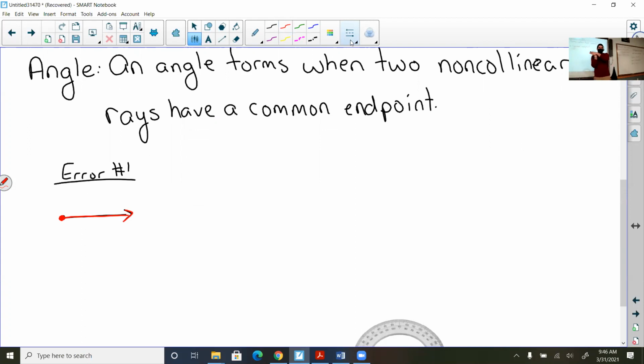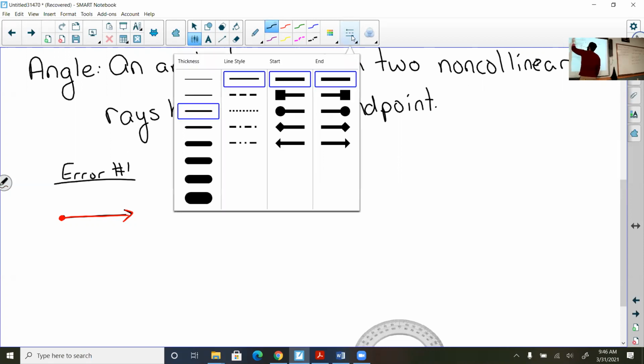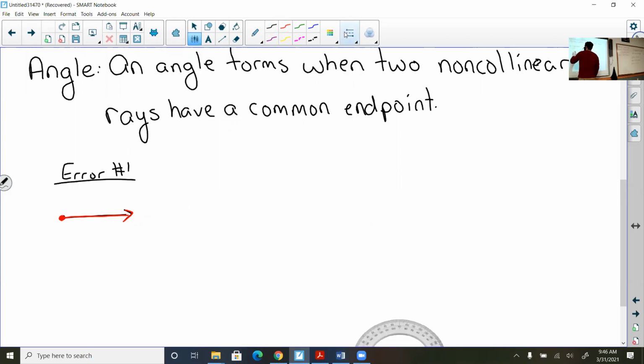There is no gap between the two rays, so it didn't lift at all, and there's nothing to measure. This, you could argue, has an angle of 0. If it has an angle of 0, it has no angle. So an angle isn't formed when they are the same line. The second error that could happen. I'm going to start off with the same ray.